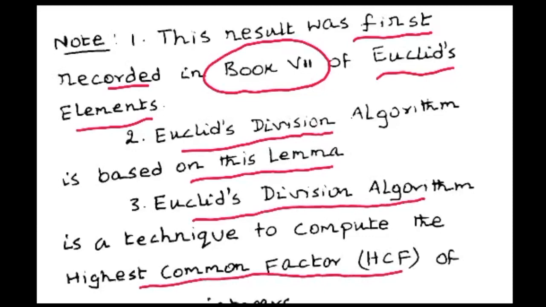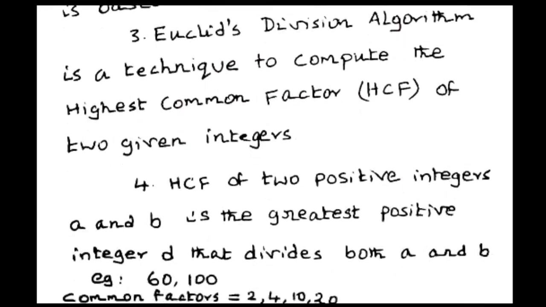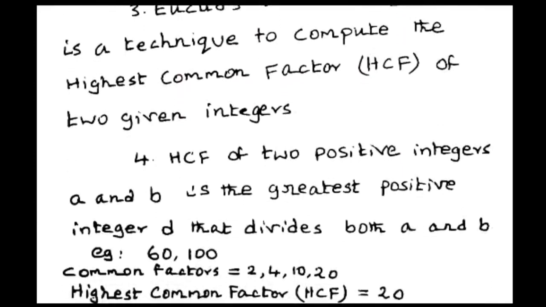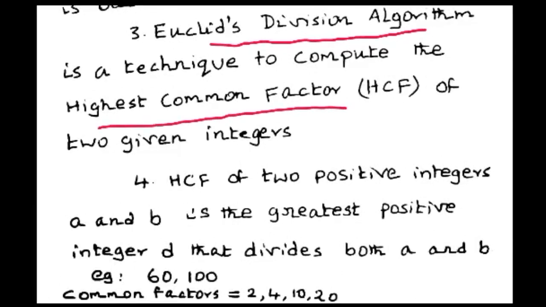of any two given numbers. Euclid's division algorithm is used to find the highest common factor of two given numbers.